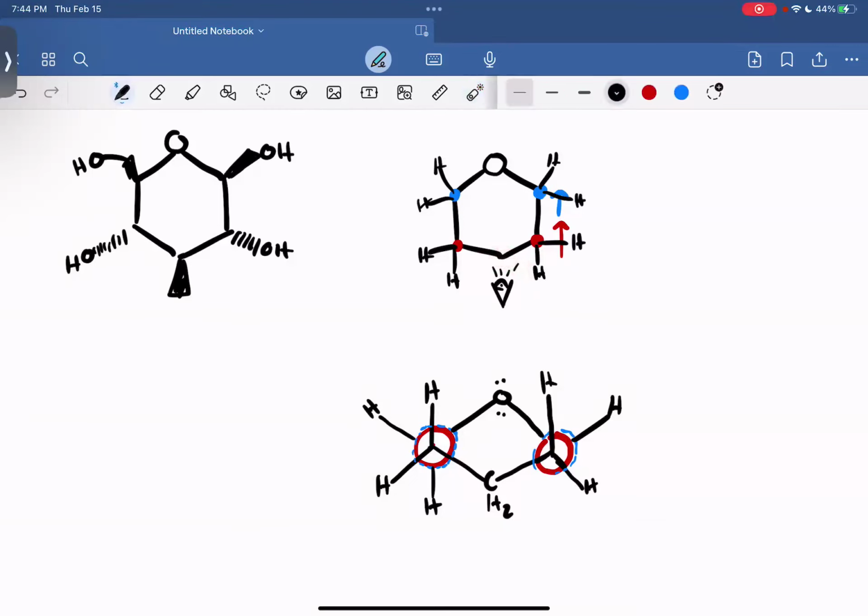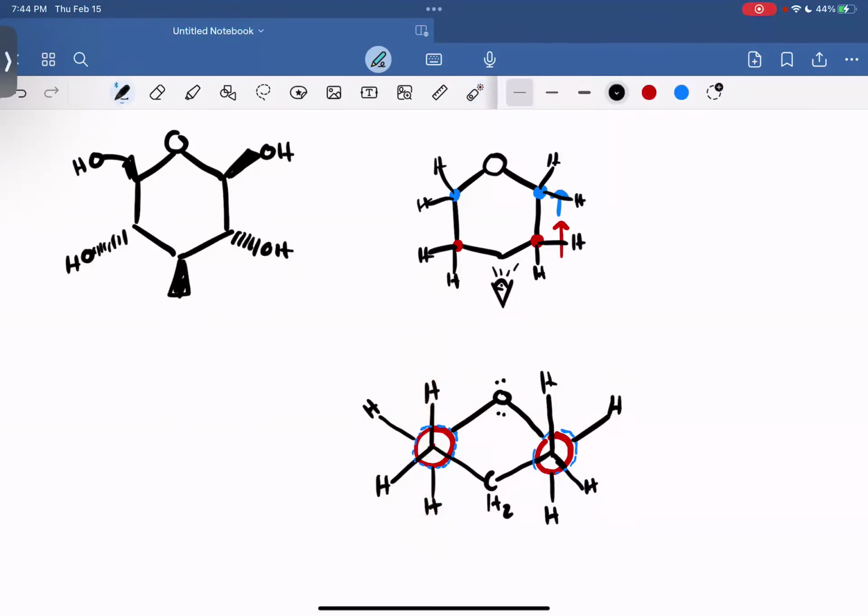Okay, why are we going through this? Well, this is a very good representation of axial. Oh, I forgot to draw this hydrogen down here. It's a very good way to teach axial versus equatorial. Equatorial means in the plane of the sugar, so in this plane, and axial is going up and down out of it.